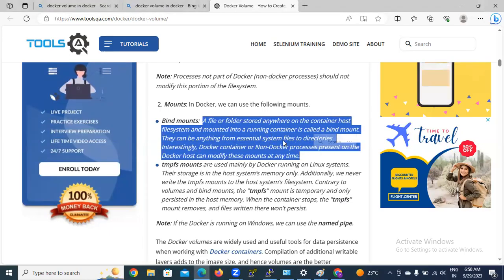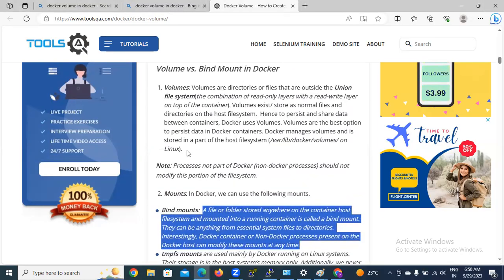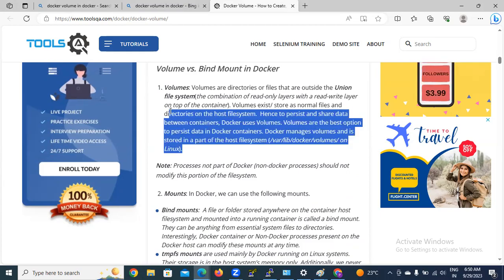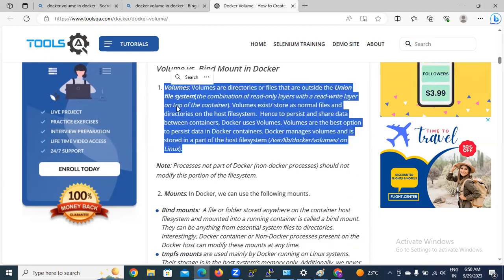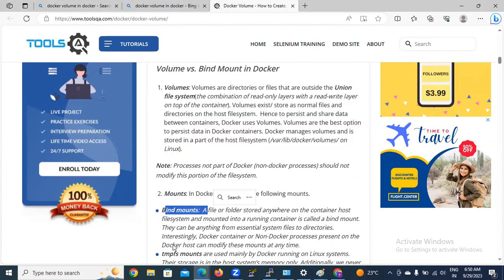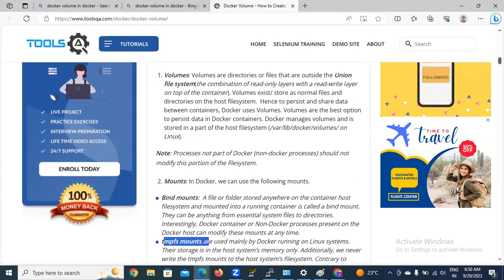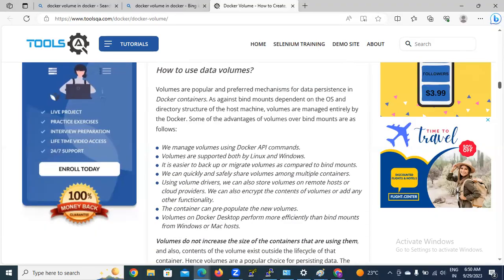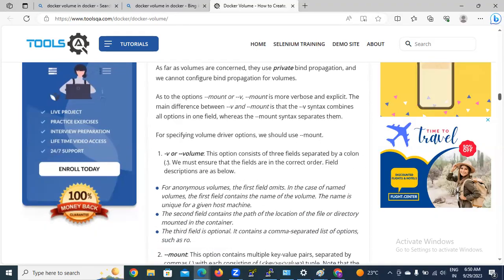And if we have a volume on the host system, we directly mount that volume into the Docker container. So this is the way for volume, bind mount, and tmpfs mount. How to do it and what the differences are, we will see.